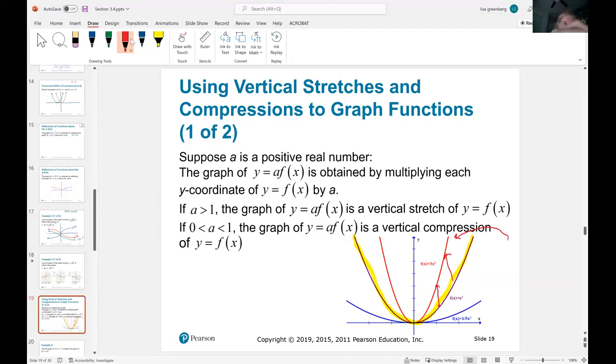Okay. And then this is, I think, 1/5 x squared, and you can see that it's getting smaller. So it's compressing, it's being pushed down. Don't talk about it as wide, it's short. It's the same exact values, but every value is getting divided by 5. So that's why it's smaller, okay?